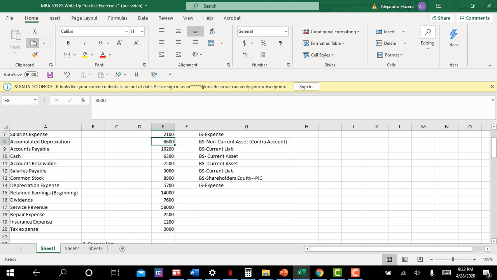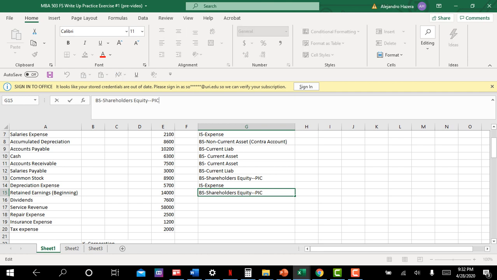So one is accumulated, at a point in time, how much total depreciation you've deducted from an asset. The expense is the depreciation over a period of time, generally 1 year. Okay, beginning retained earnings. Retained earnings is a balance sheet account.